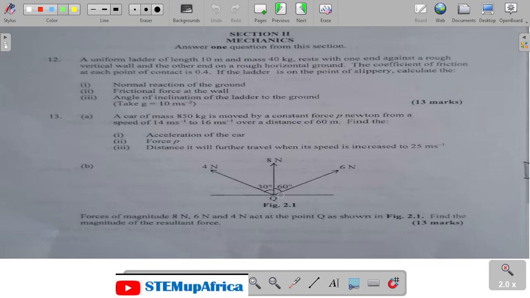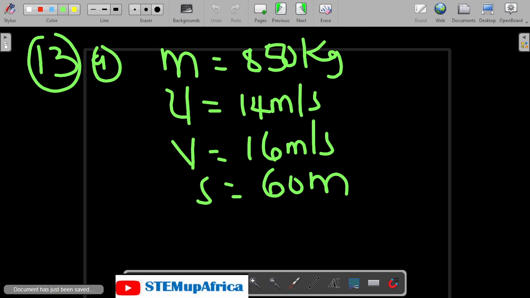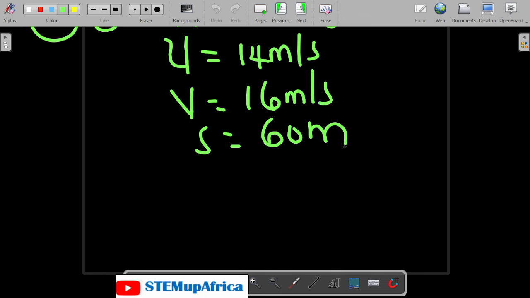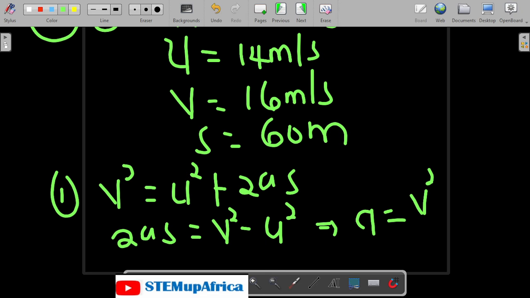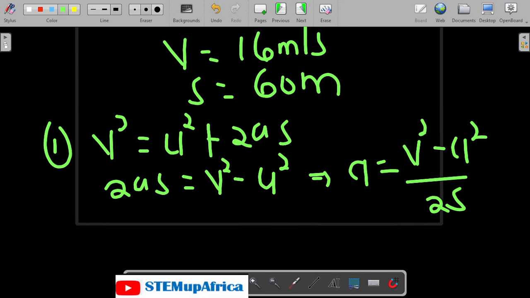Question 1 says you should find the acceleration. So by invoking the third equation of motion, we have v squared equals u squared plus 2ax. So 2ax is equal to v squared minus u squared. It implies that a is simply v squared minus u squared over 2x. So let's substitute.